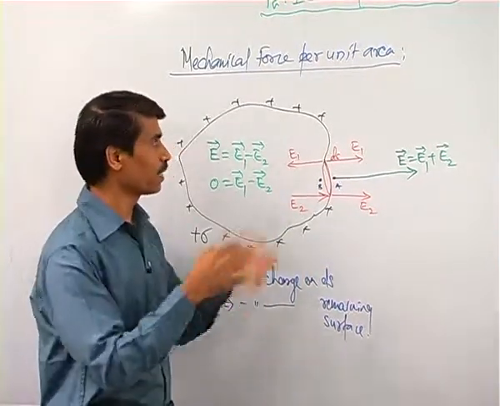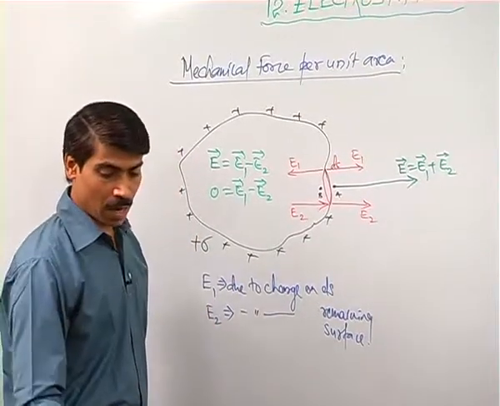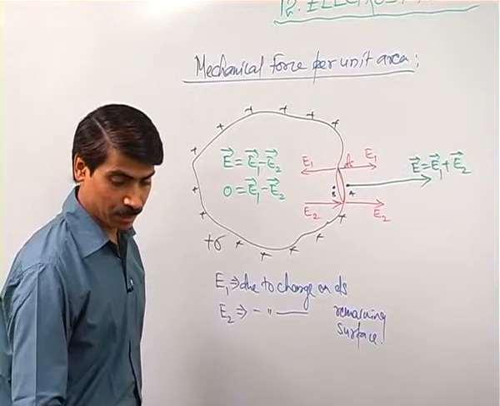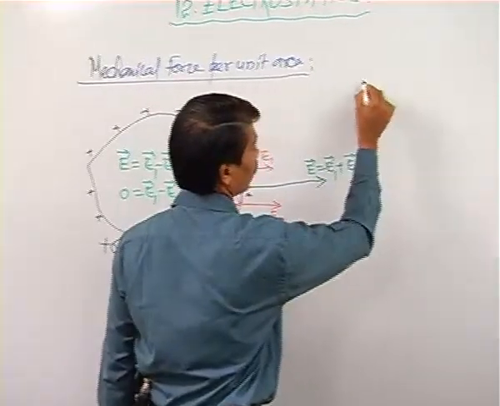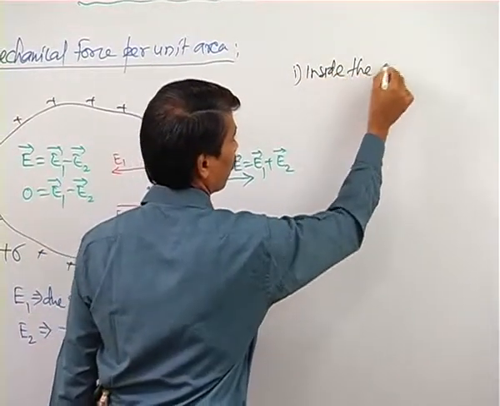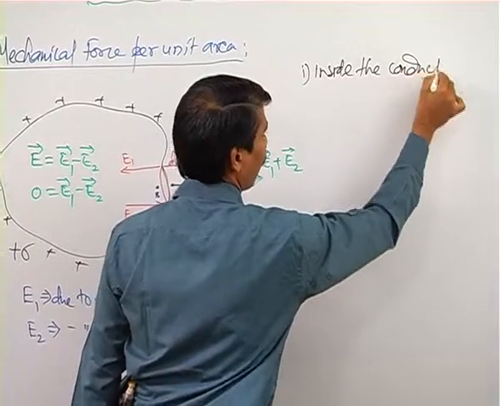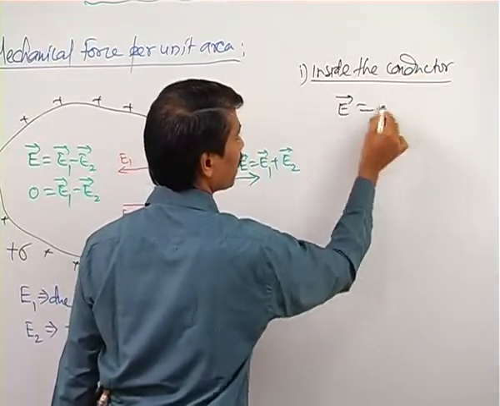Now we'll see the derivation part. First we'll consider inside the conductor. Inside the conductor we know the resultant intensity is always 0.